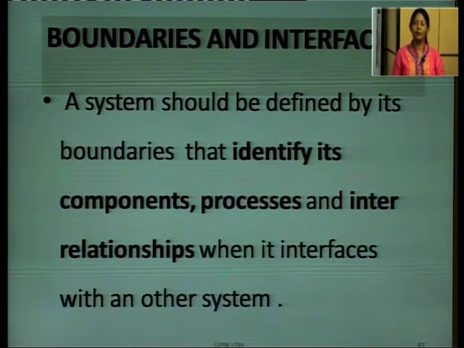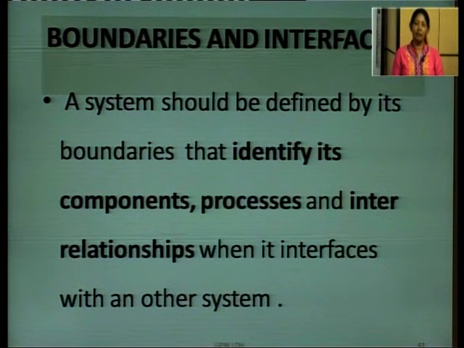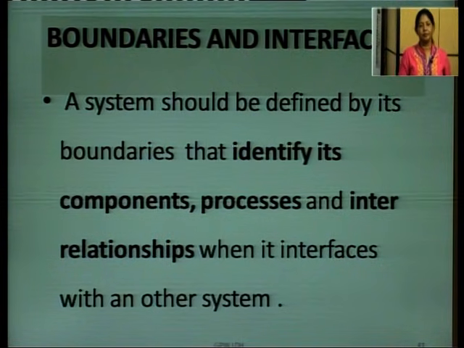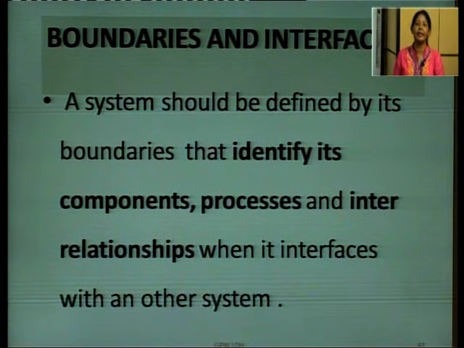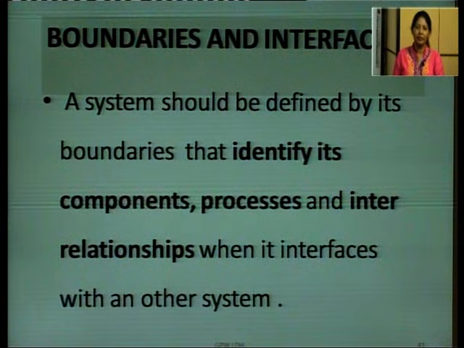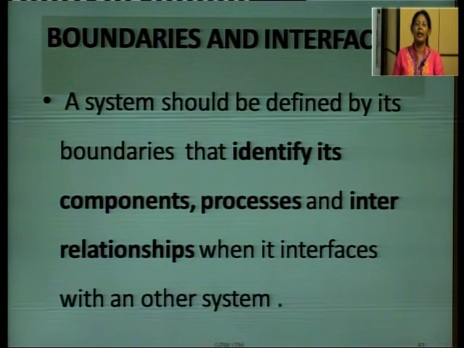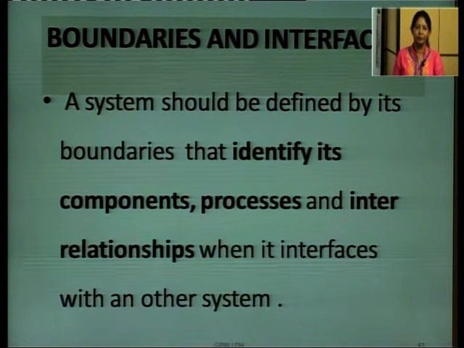Next are the boundaries and interface of the system. A system should be defined by its boundaries, which identify its components, processor and interrelationships when it interfaces with another system.